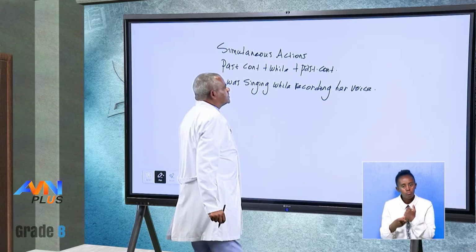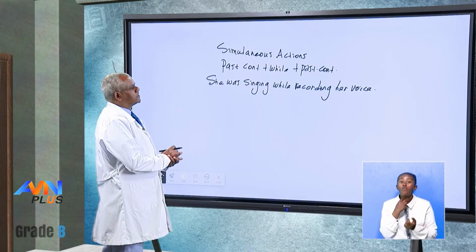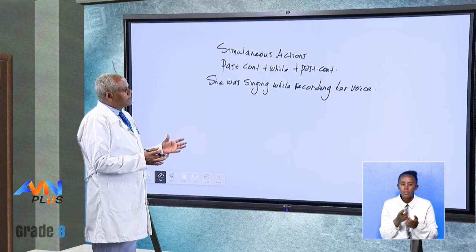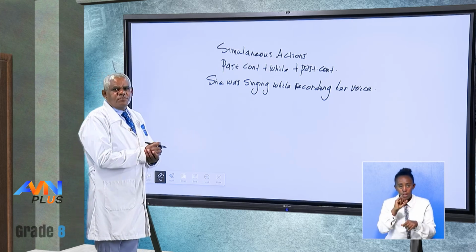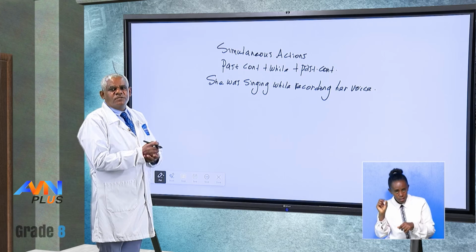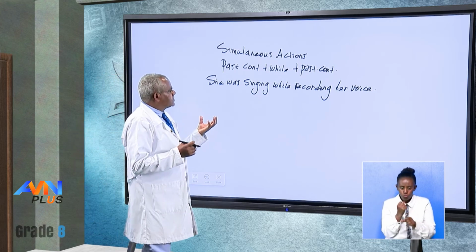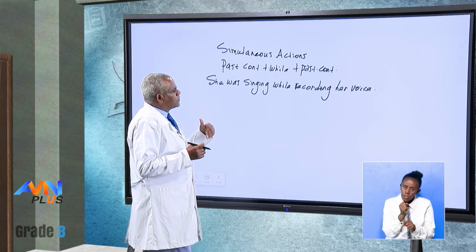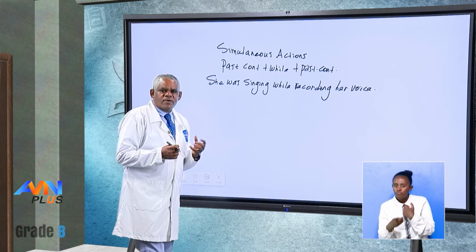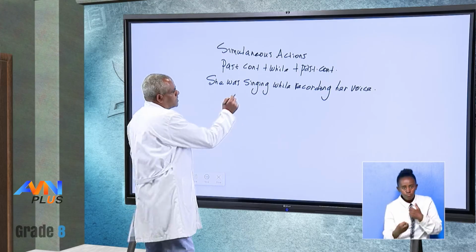This is what we call a simultaneous action. The subject is one person, but she performs two different actions at the same time. Instead of saying she was singing while she was recording her voice, it's better to write it in this way.